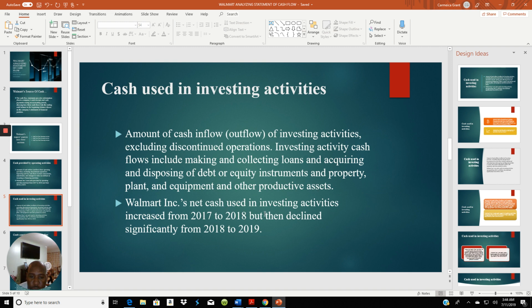Walmart's cash used in investing activity increased from 2017 to 2018, but then declined significantly from 2018 to 2019.